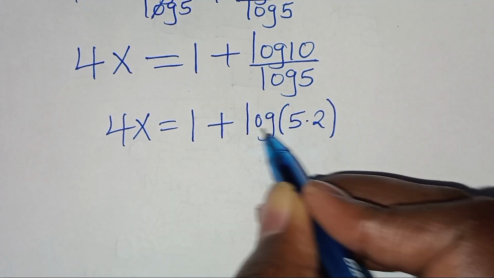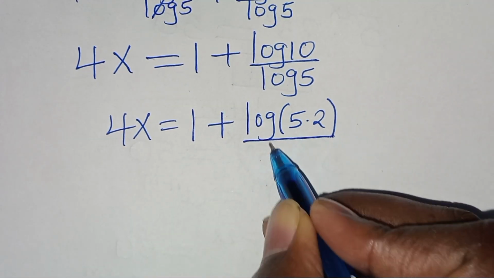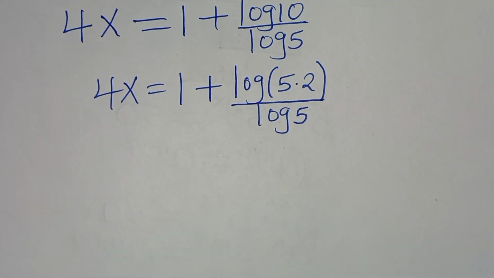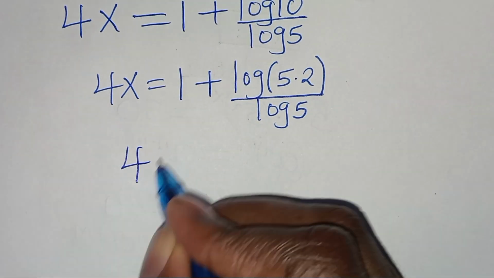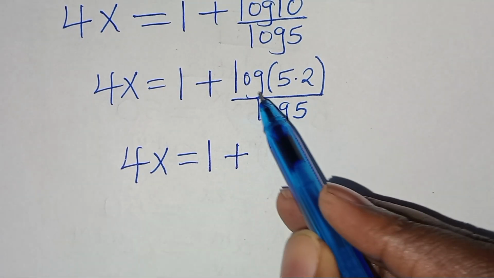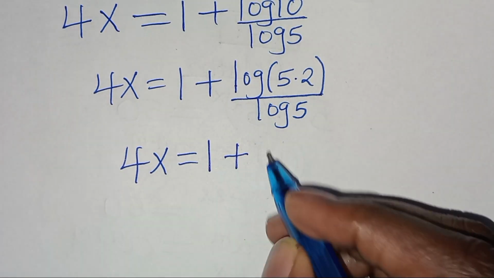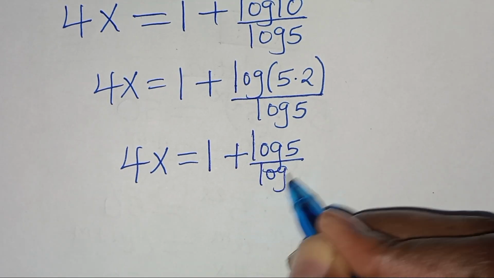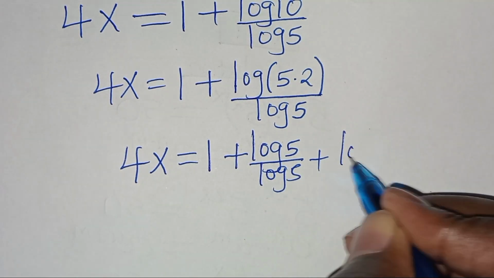So we have log 5 times 2 divided by log 5. The next step here we have 4x. This is equal to 1 plus, now we can express log 5 times 2 as log 5 plus log 2.